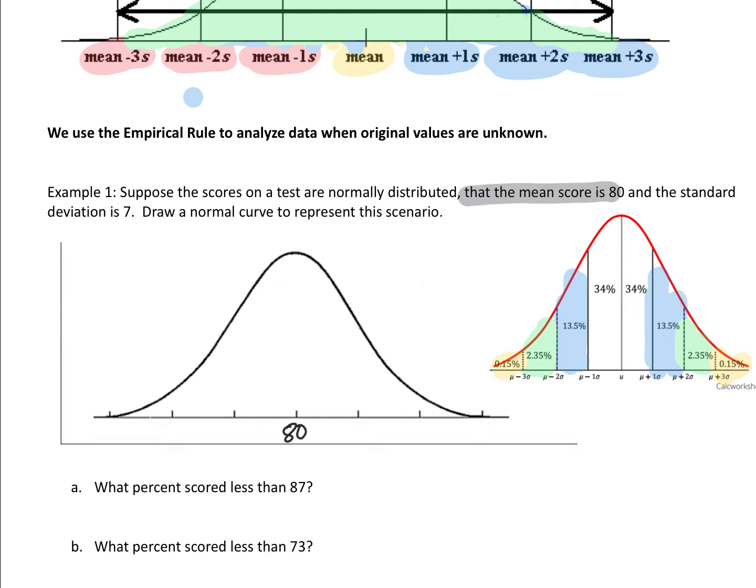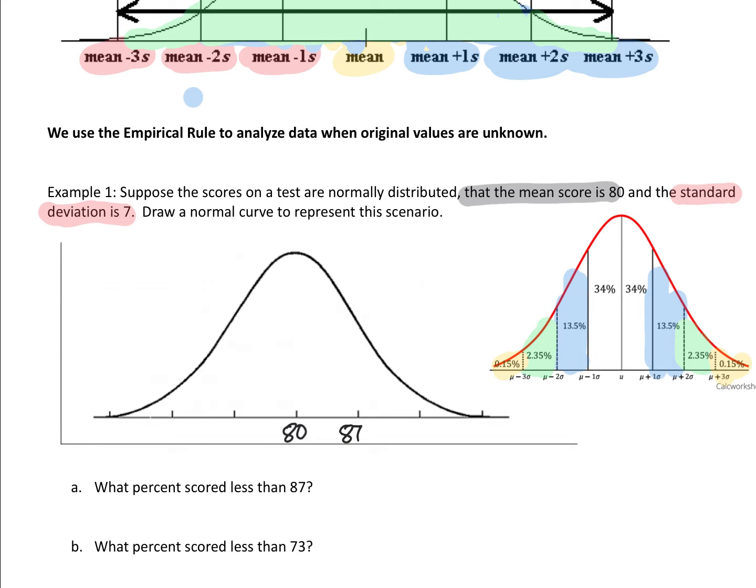Our standard deviation, what that is telling us, a deviation means to move away from. So a standard deviation is just a normal movement. So a standard deviation above would be 7 more than the mean, which in this case would be 87.